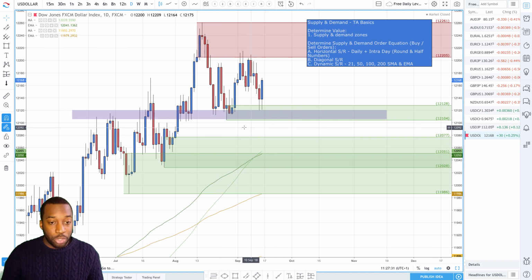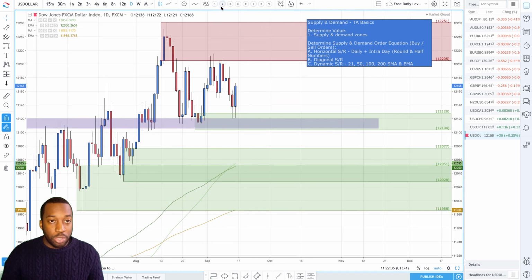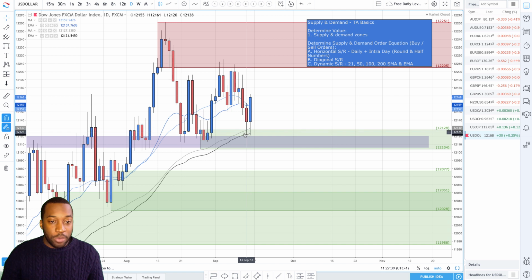Now we've got the 100 and 200 EMAs way below price, so we'd probably be looking for the 21 and the 50, and we can see that we had the 50 EMA and SMA both within this area right here, and price pretty much bounced off that confluence area. So we had horizontal support and resistance within that area.